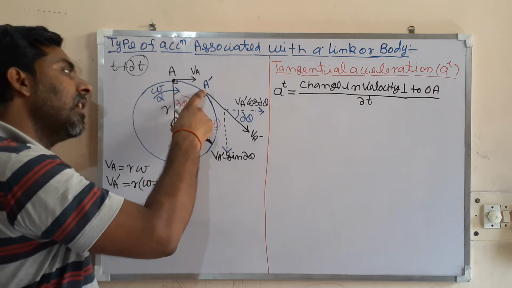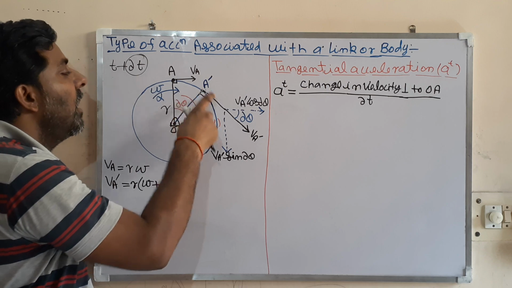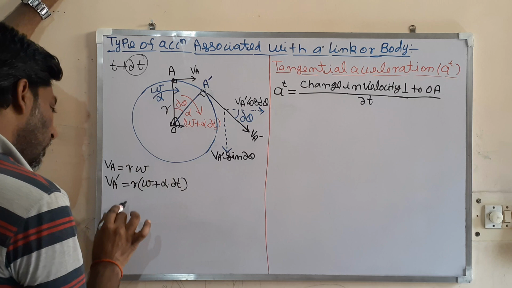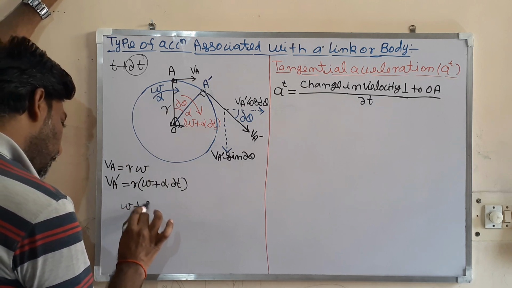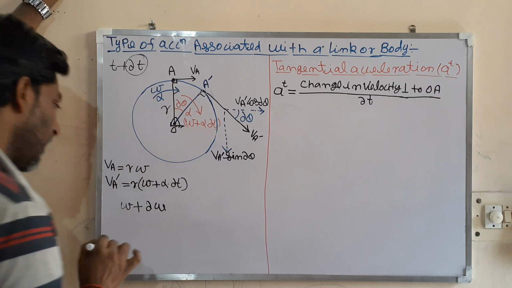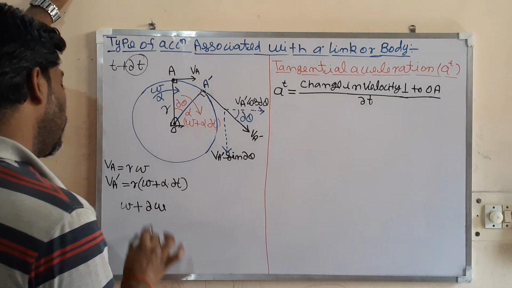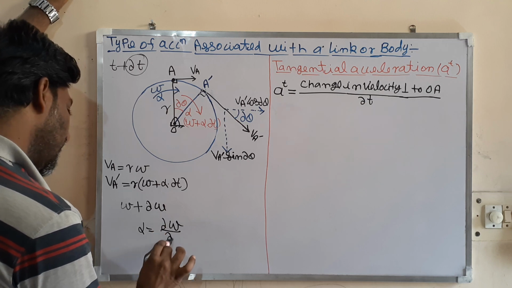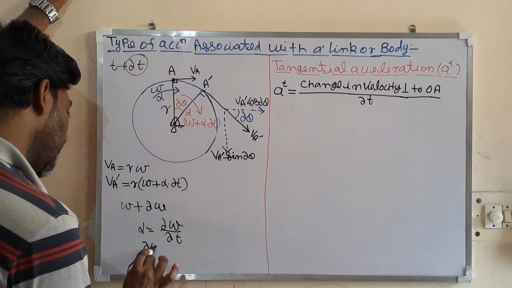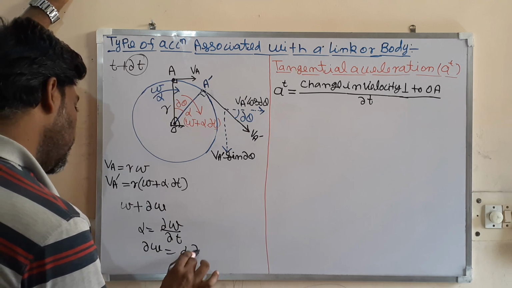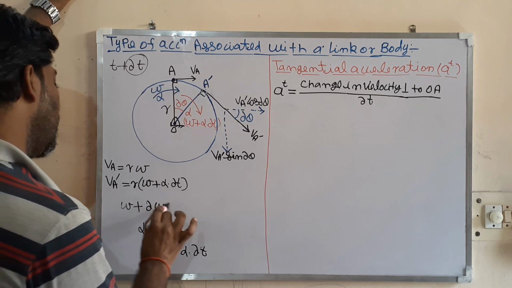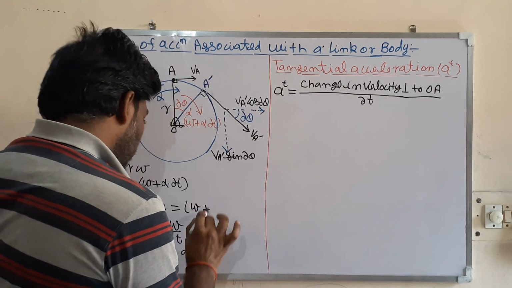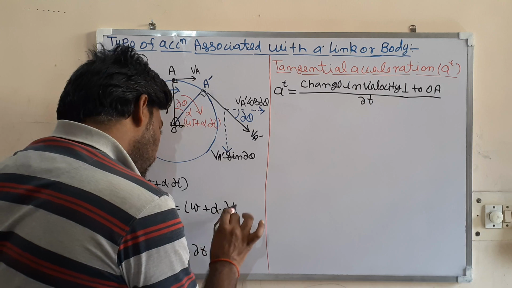Let us see what the angular velocity of link OA dash will be at that time. If the angular acceleration is alpha, then the new angular velocity will be omega plus delta omega. How do we get this delta omega? Since alpha is equal to delta omega by del t, from here I get del omega equal to alpha into del t. So omega plus del omega is equal to omega plus alpha into del t.